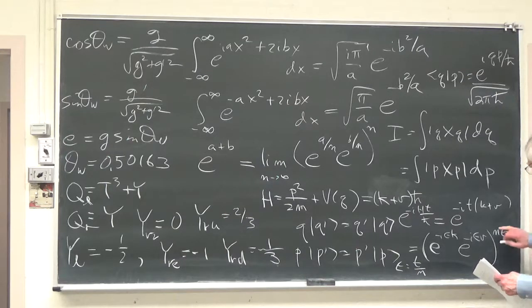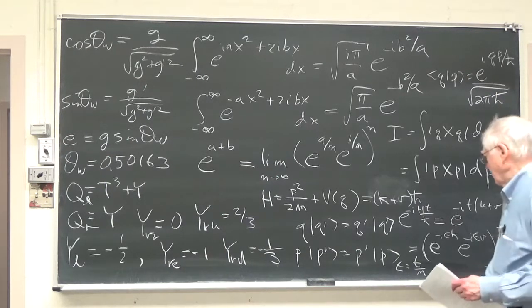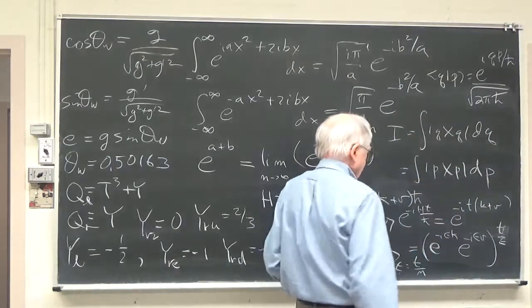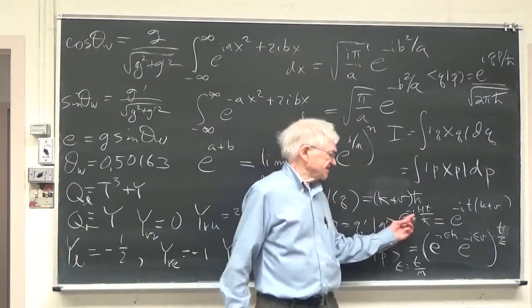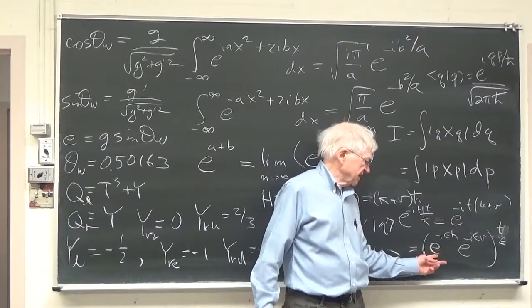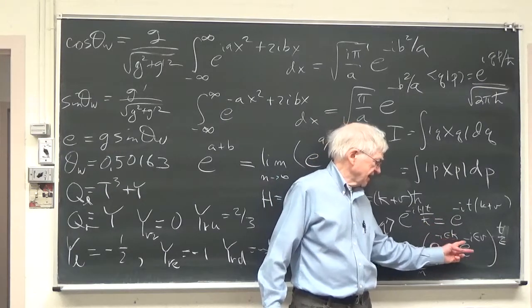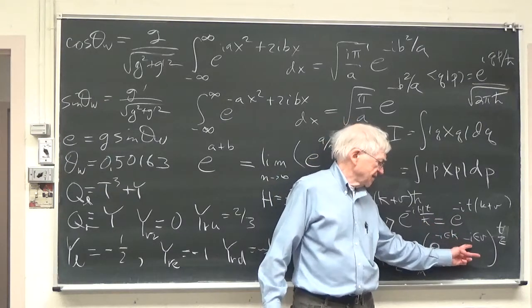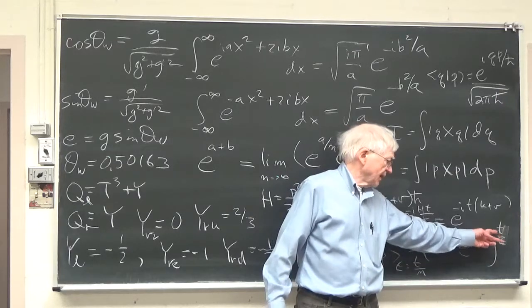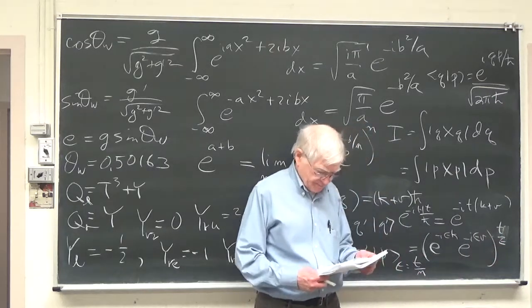No, it's t over epsilon, I'm sorry. So that's the time evolution operator, e to the minus i t H over h bar, which is going to be e to the minus i epsilon k, e to the minus i epsilon v, raised to the power t over epsilon.